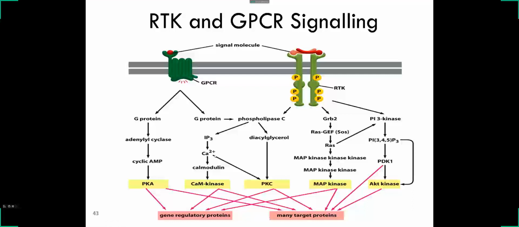A lot of these are very similar pathways, so they can really interact with each other depending on the hormones. And if you think back to what we talked about for endocrinology in terms of regulation and feedback, this is partly how these feedback mechanisms are achieved, by shared signaling pathways.